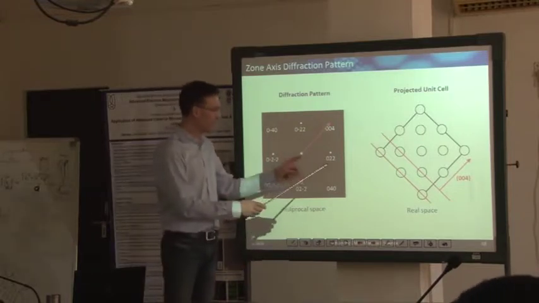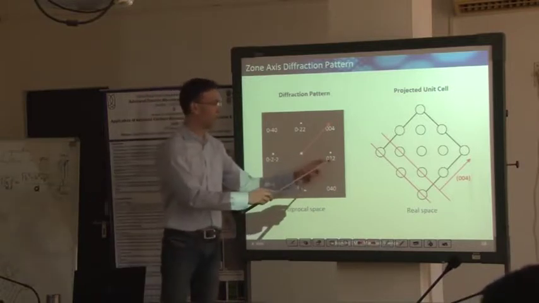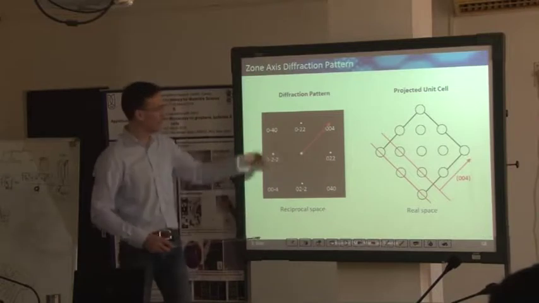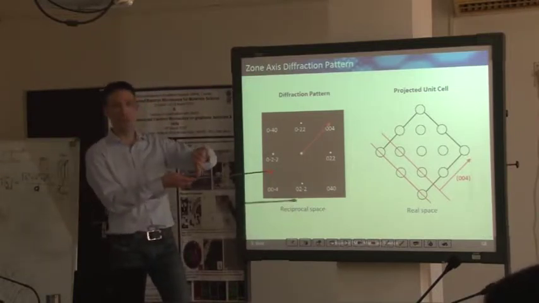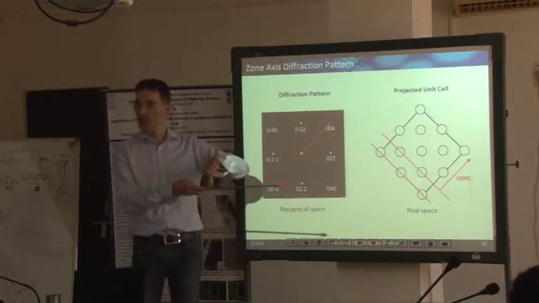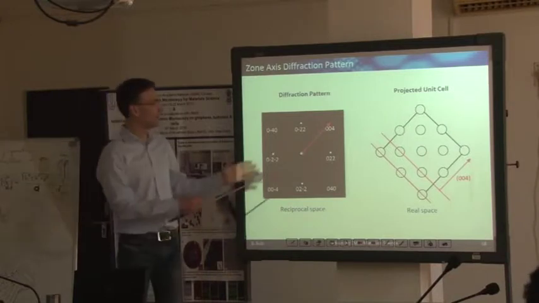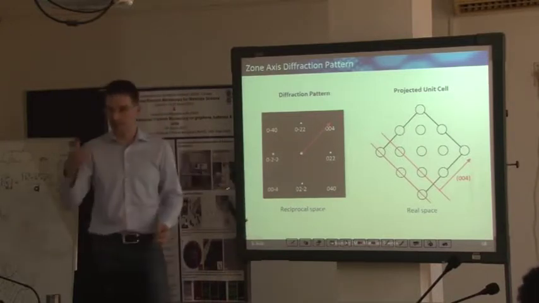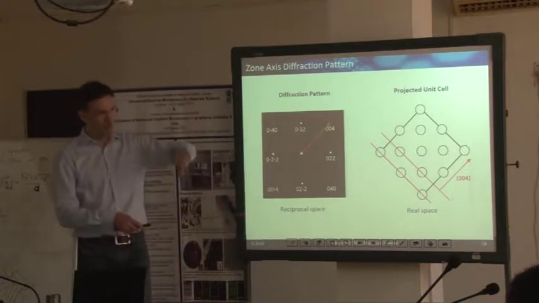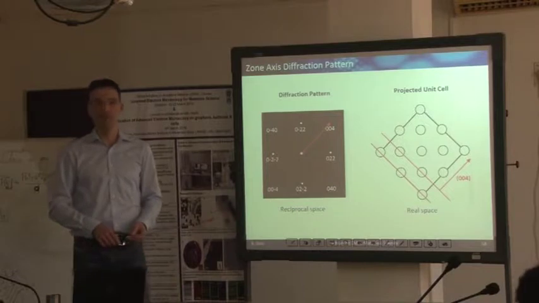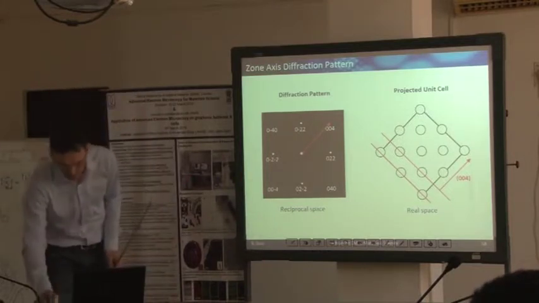It could be a 2 -2 0, because let's say we illuminate along 1, 1, 1, and we have another vector perpendicular, which is 0 -2 2, then the scalar product would equal 0. Along other directions you always have to think about the scalar product of your potential g vectors and your incoming k vector, and so you can easily calculate which reflections should show up.